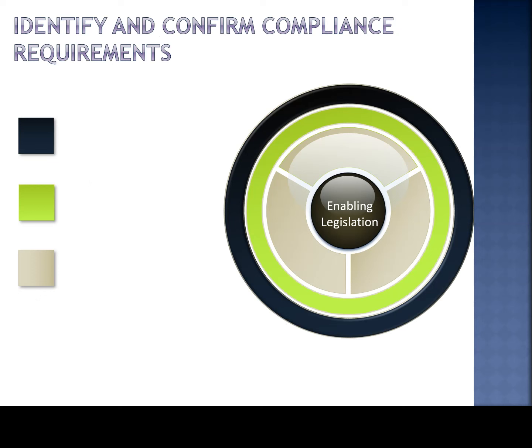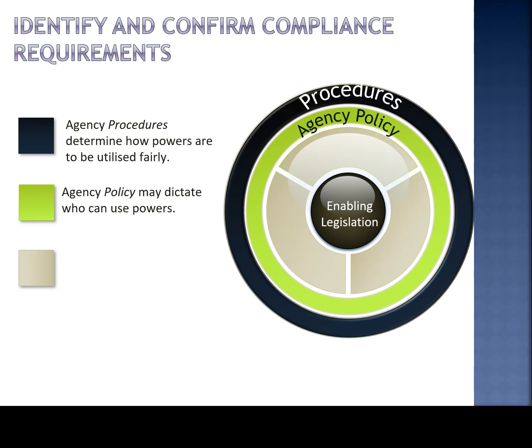Now, enabling legislation and powers that come along with it will not sit in isolation. There will be other things that will influence it. And one of the things that will influence it is procedures and policies of the organisation. So the enabling legislation is usually written quite broadly, and then the procedures and policies will further define how the powers are to be used in accordance with the organisation's or the regulatory organisation's expectations.